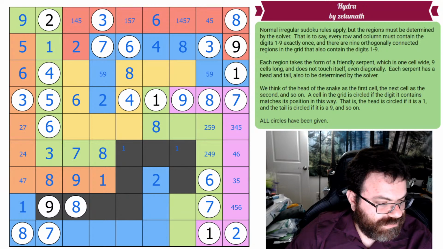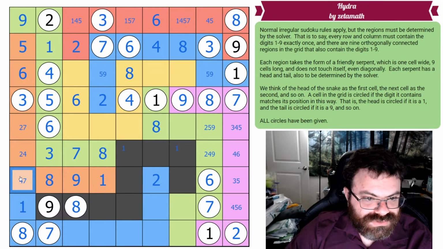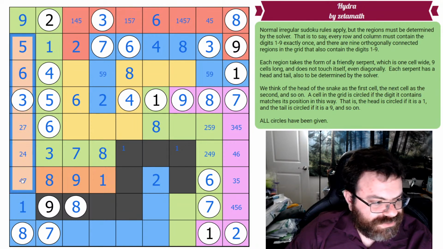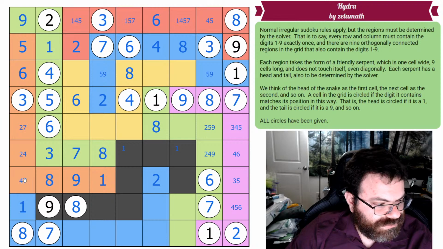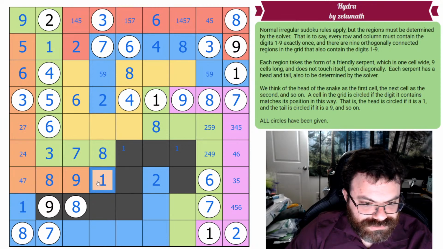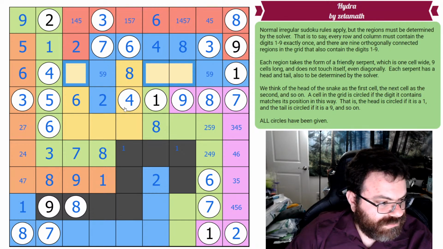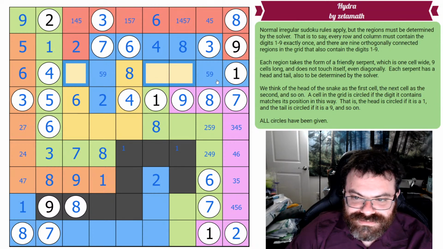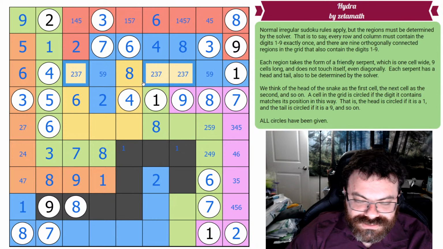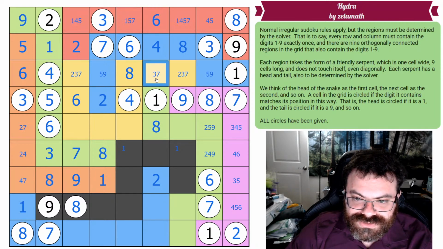Row 7, column 1, this is a 6. 1, 2, 3, 4, 5, 6. It's the 65th. All right, 1, 2, 3, 4, 5, 6, 3, 7. Which way does this one go? 1, 2. So this can't be 2. It sees a 2 anyway.